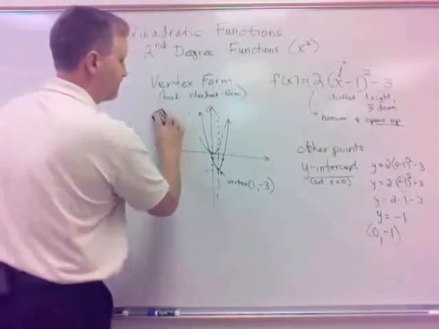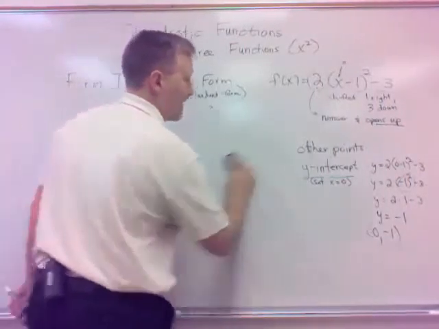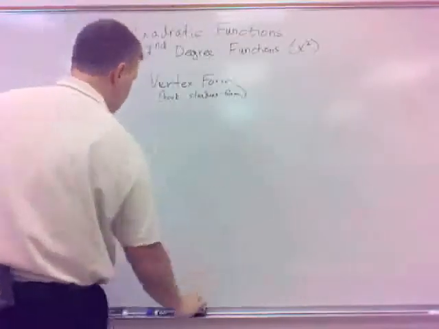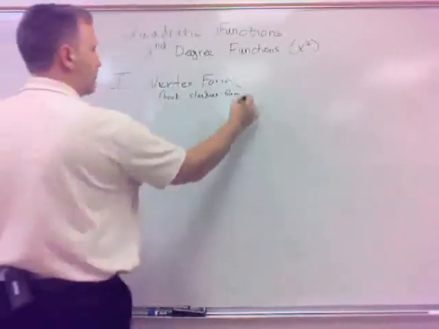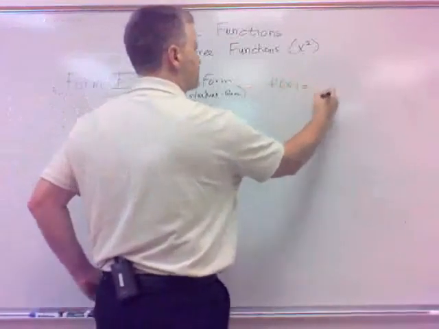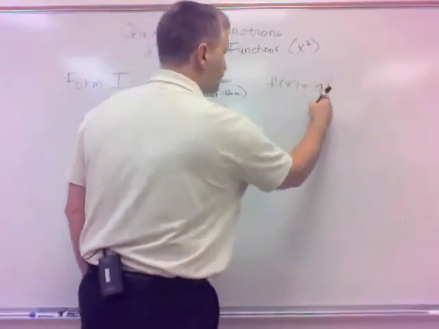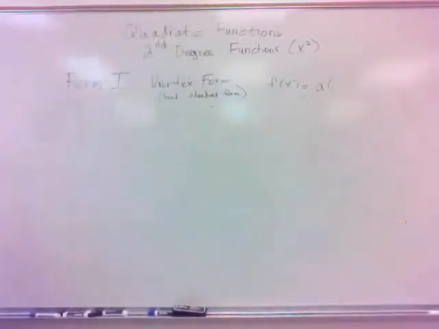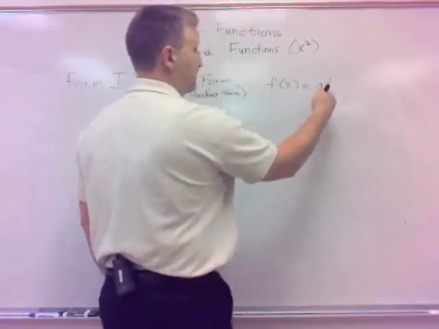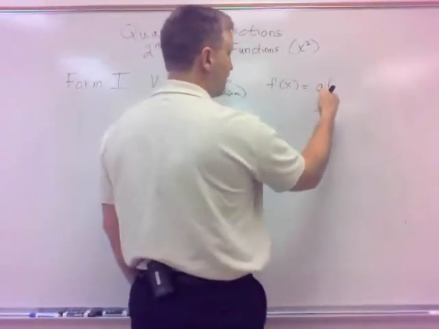Vertex form. So vertex form of a parabola in general looks like this. f of x equals a, we are going to call this letter in front a because, like from the quadratic formula, you've got ax squared plus bx. That's the same a.